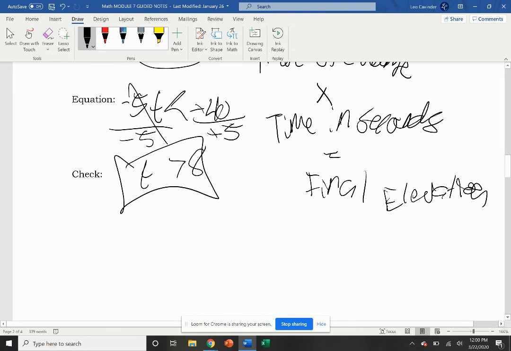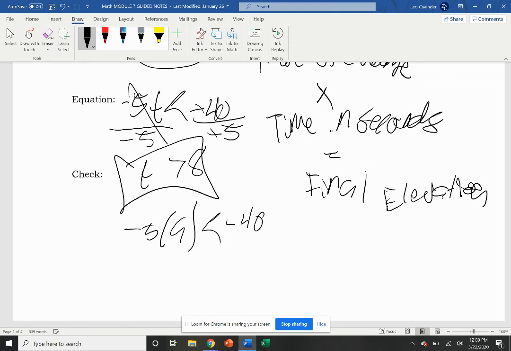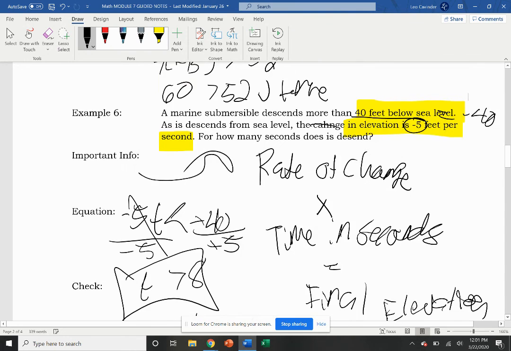We can check it. We have to do it greater than 8, so I'm going to do 9. So negative 5 times 9 is less than negative 40. Negative 45 is less than negative 40, which is true.